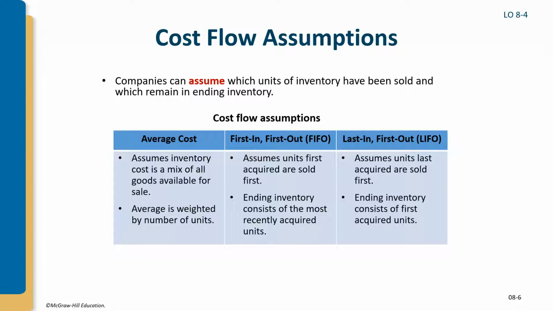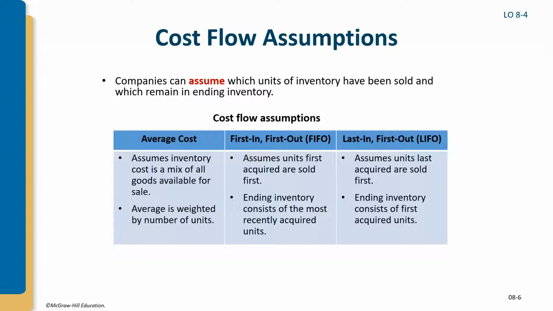So for these types of companies, they're given a choice. They can average costs together, and each time they sell an inventory item, remove it at its average cost. They can assume the first items in inventory are the first ones sold. First in, first out. Now it's an assumption. It doesn't mean that's how they actually sell it.